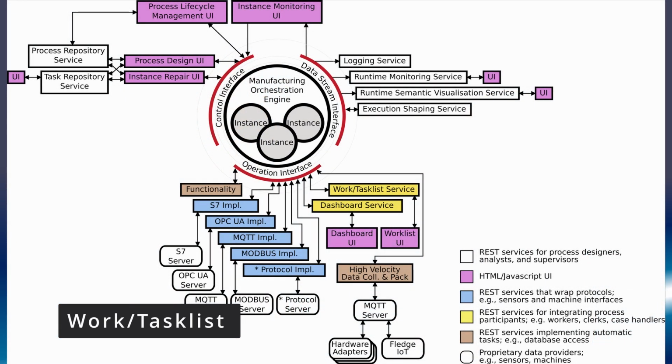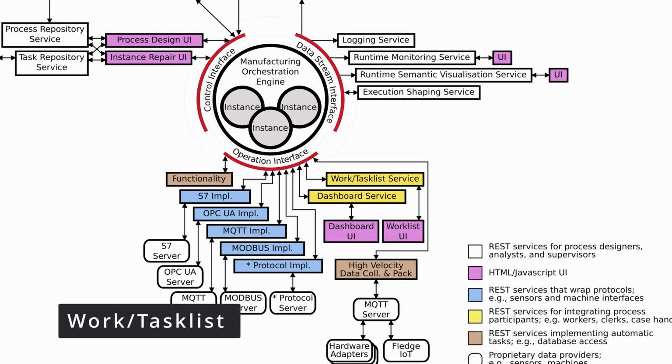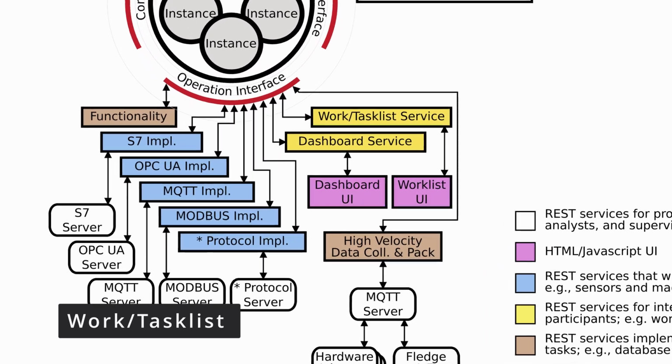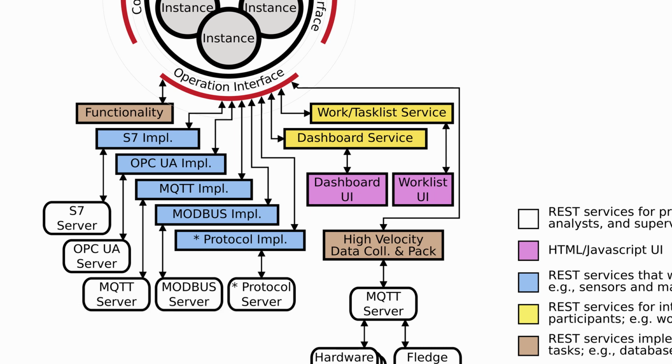We are as always building everything very modular. So you can see here that the work and task list are split up into a user interface and a functionality, which does the backend and the task storage. So the orchestration engine basically tells, I need this task done, and here is the input that you can use for this task.